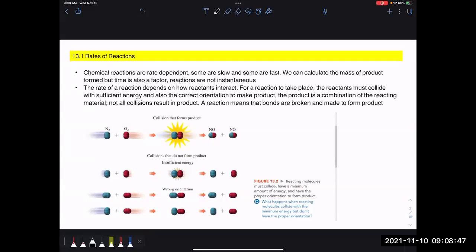Chemical reactions are no different. And chemical reactions are rate dependent. There are some slow reactions and some fast reactions, right? Rust is a relatively slow reaction. But burning is a very fast reaction. Explosions are even faster. So we can calculate the mass of products formed, but time is also a factor.